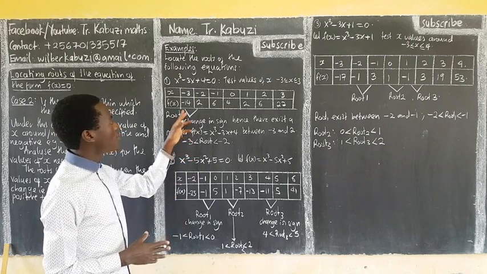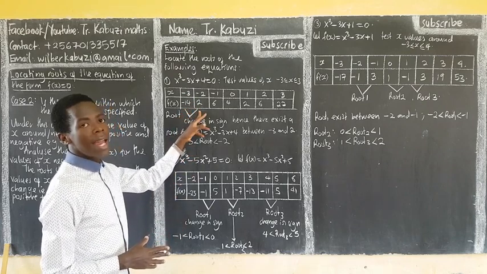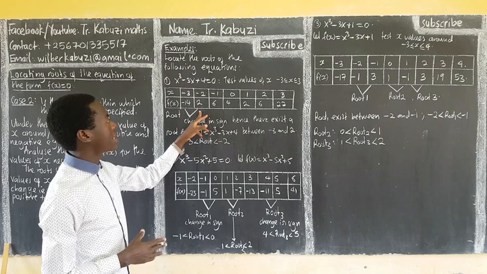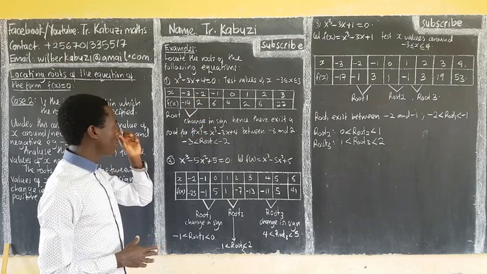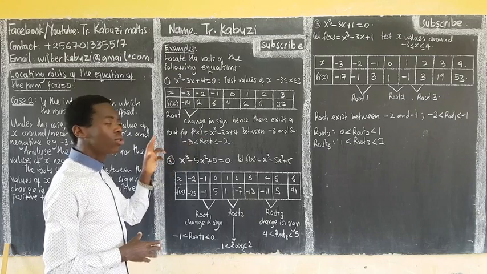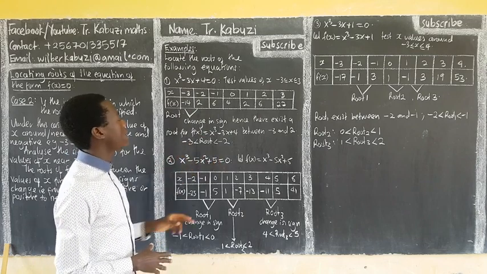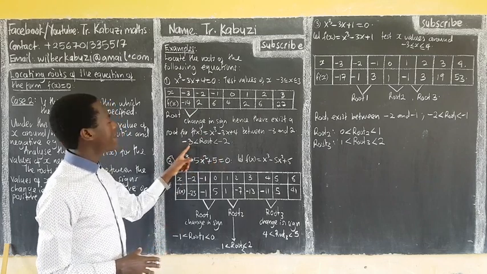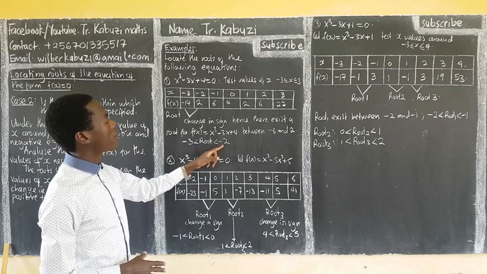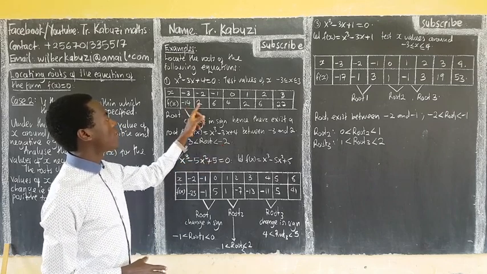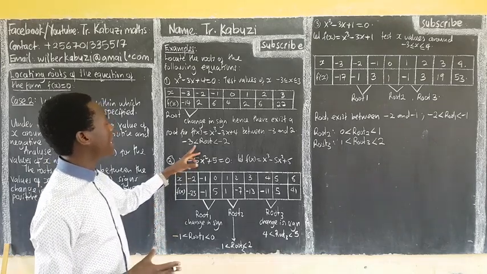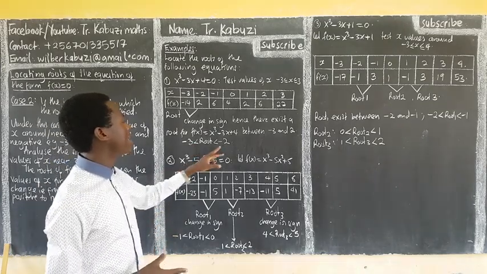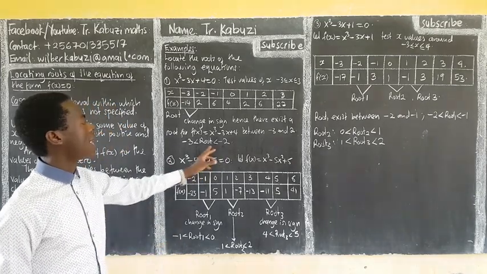The values of x that gave that change were negative 3 and negative 2, so the root will be between negative 3 and negative 2. It can't be negative 3 or negative 2, because if these were roots, you would have gotten zeros. As simple as that. So they are above this and below this. These ones are not inclusive.